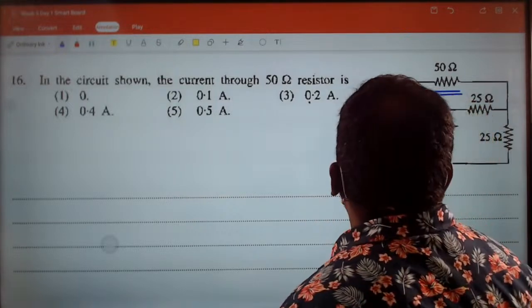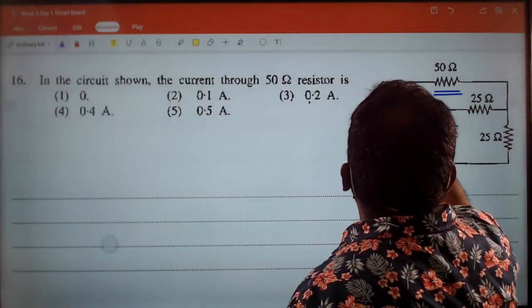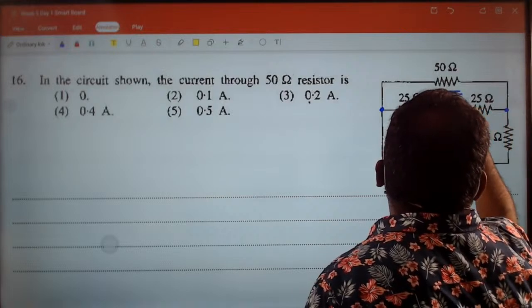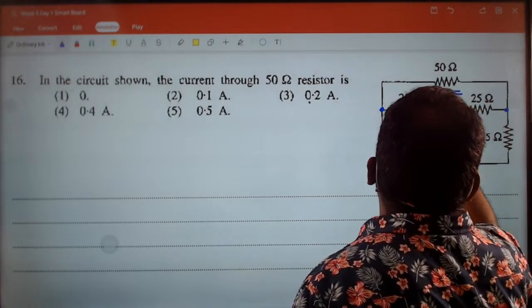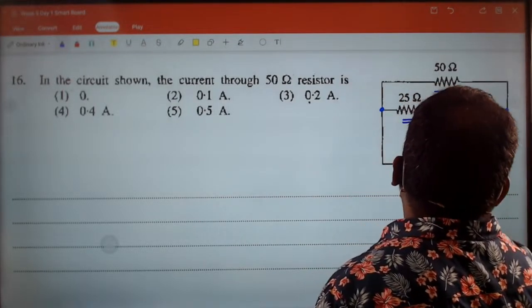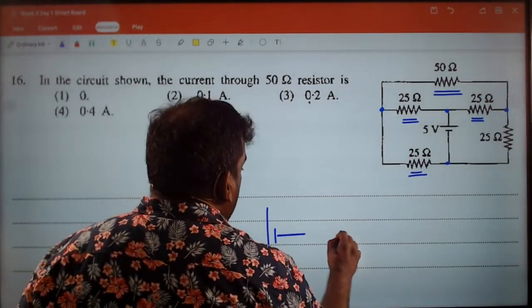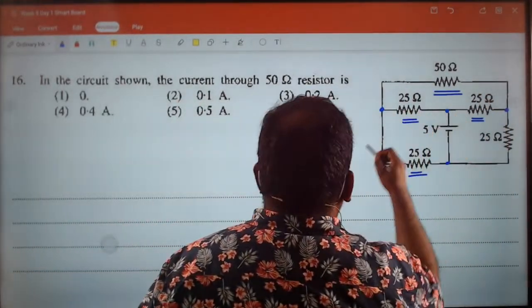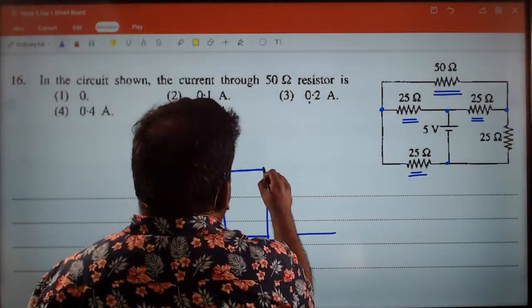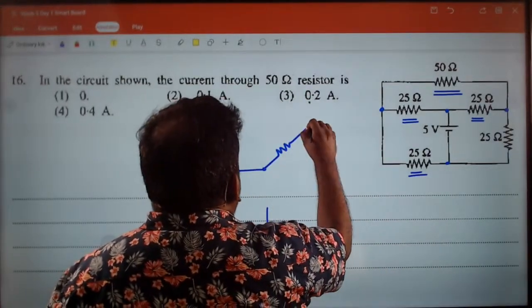Okay. Now, this is connected here, across 25, 25, 25, 25. So, I'll mark the battery. Positive terminal is connected across two 25s.